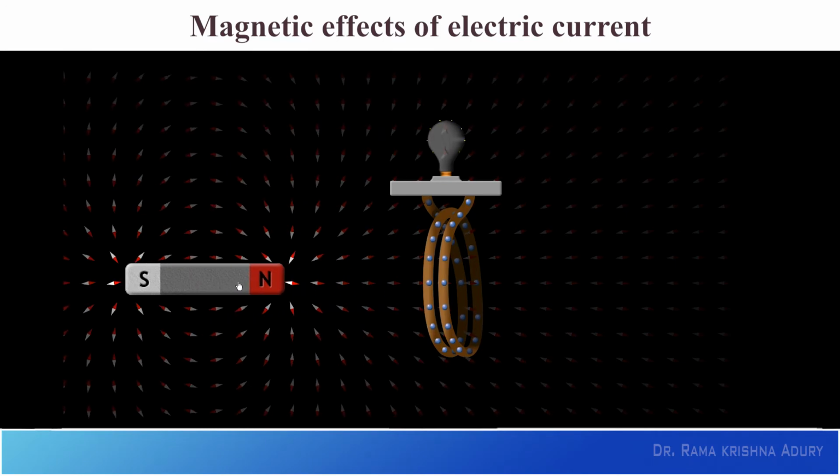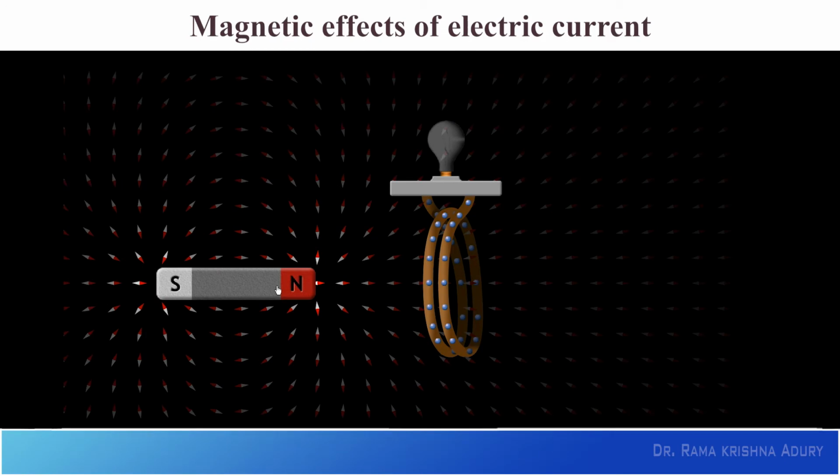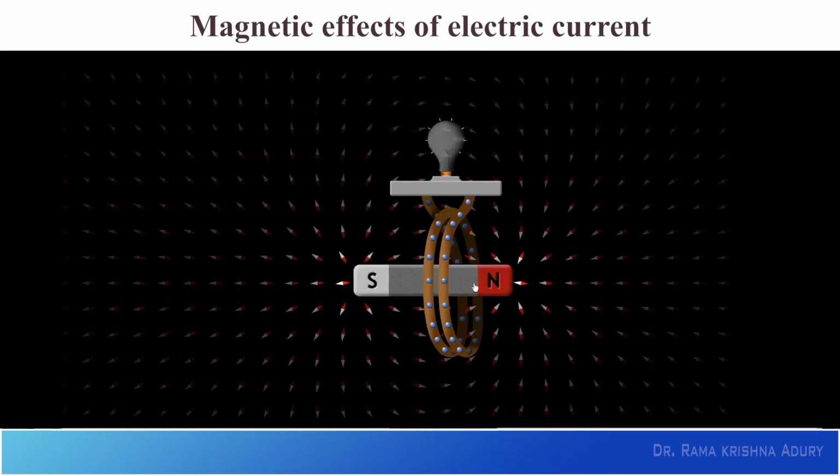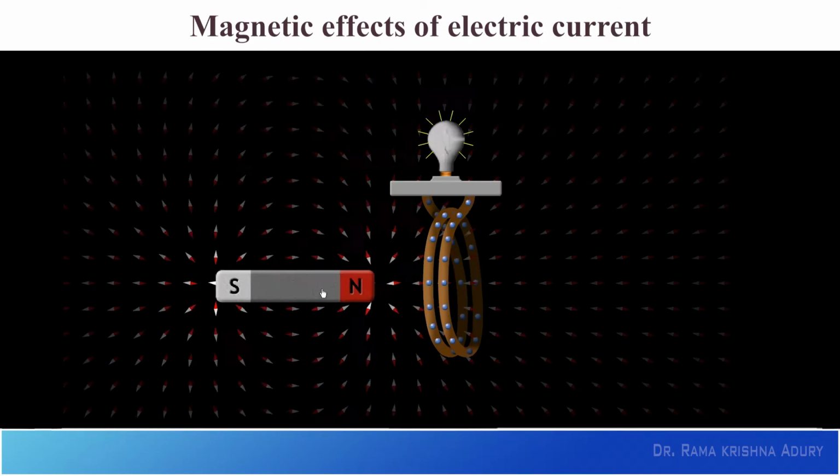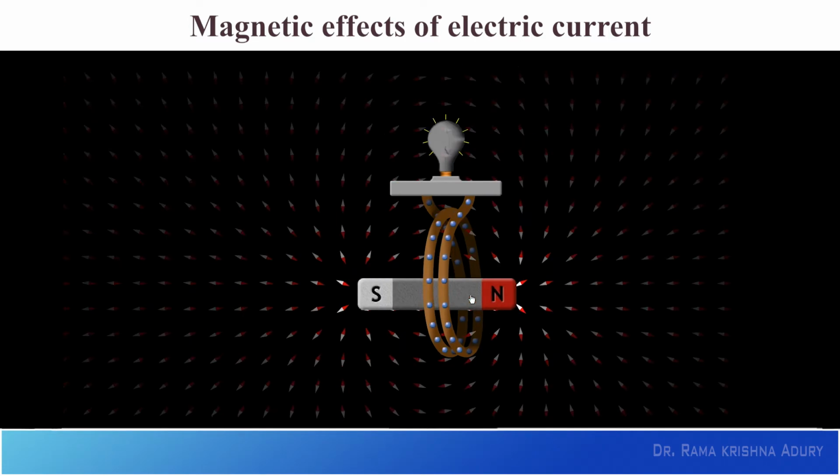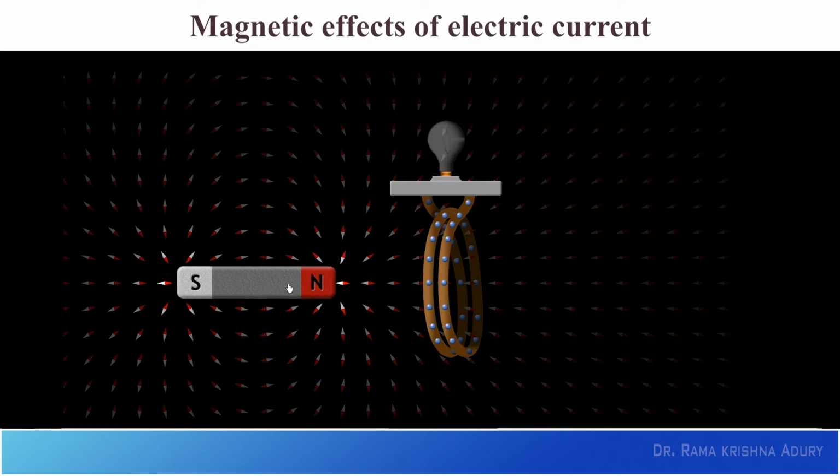So let us understand: when it's moving fast, the rate of change of magnetic flux is going to produce EMF. The more the rate of change of flux, d phi by dt, the more induced EMF you have there. So when it is moving fast, naturally current is produced, which eventually makes the bulb glow.